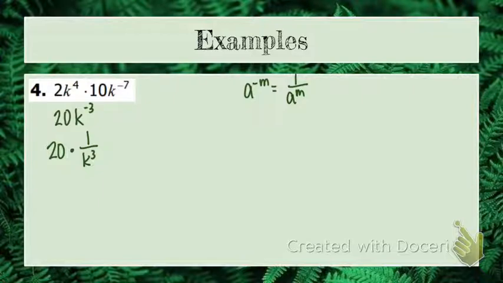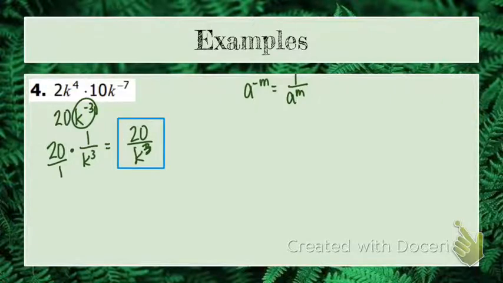And 20 would be understood to be over 1. So if we multiply these together, we get 20 over k cubed. Or you can just recognize that this is what's going to happen, and say, okay, I just need to put this under the 20 and make it positive. So your answer is 20 over k cubed.